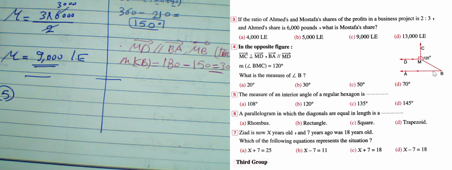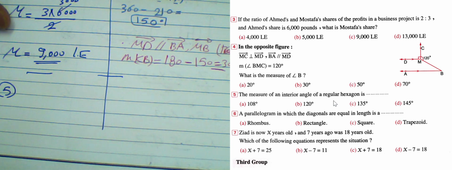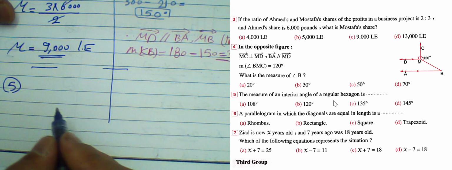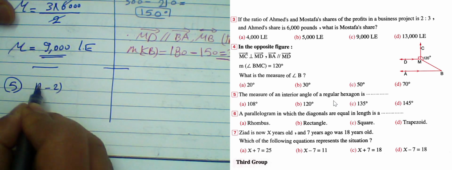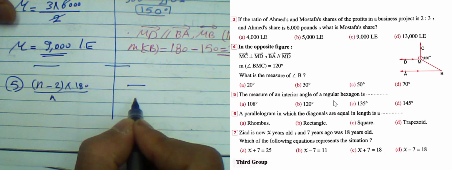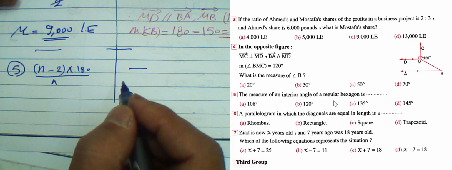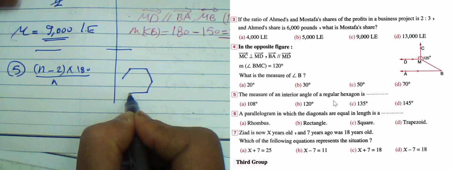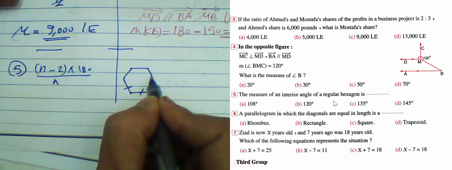Next question, number 5. The measure of an interior angle of a regular hexagon. It asks about the measure of the interior angle. We can write n subtract 2 product by 180 over n. We have a regular hexagon, meaning the hexagon has 6 sides of equal lengths, like this: 1, 2, 3, 4, 5, 6.